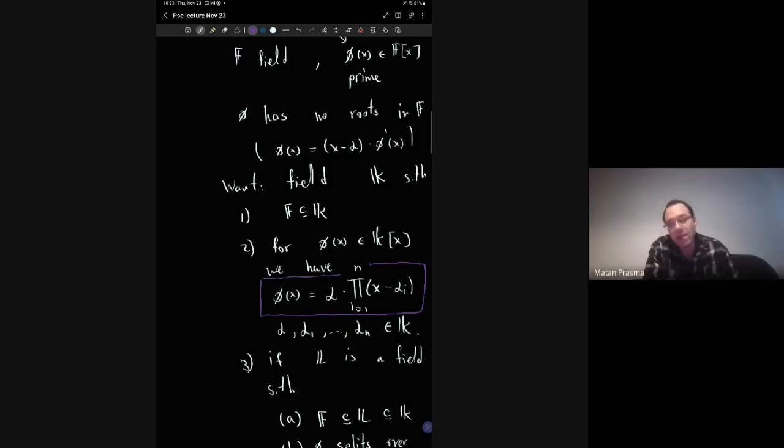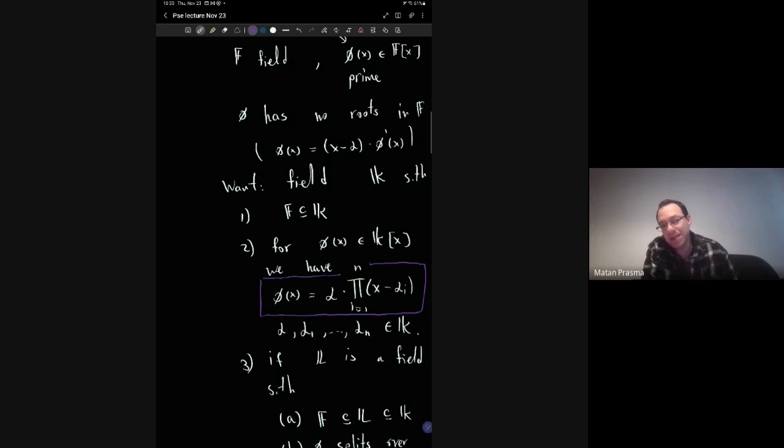Right? Because first of all, they are certainly roots of phi, because if you substitute alpha i instead of x, then you get 0.